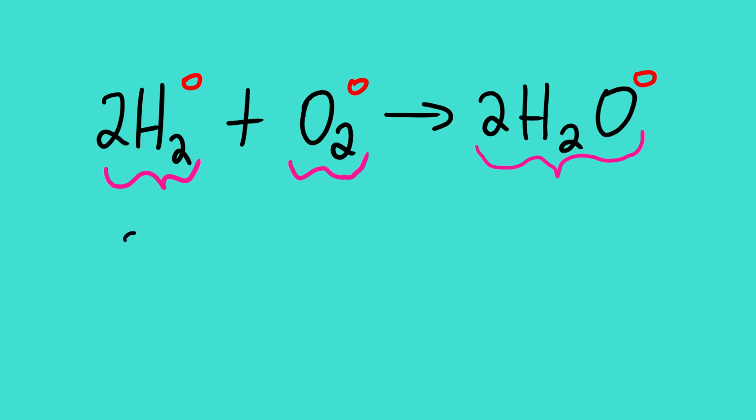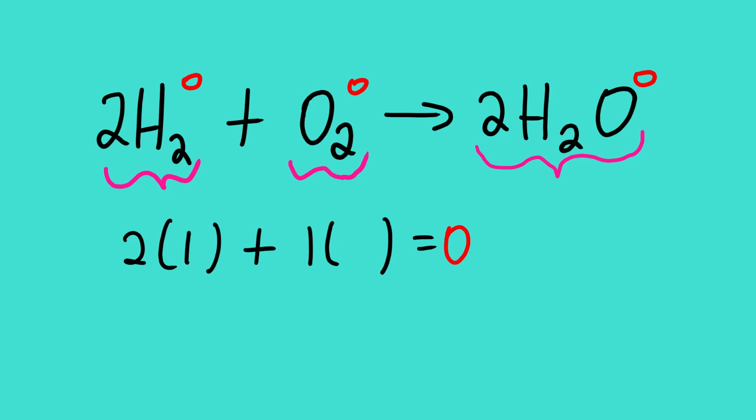We have 2 atoms of hydrogen plus 1 atom of oxygen, which equals the overall charge, and that is 0. Oxygen is not a metal, so the oxidation number of hydrogen will be +1.